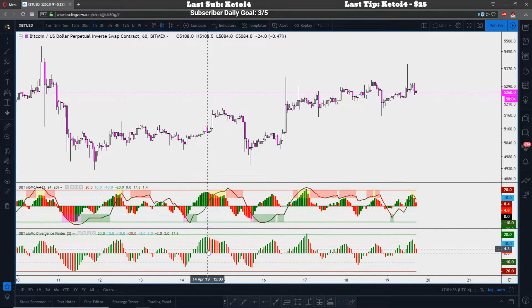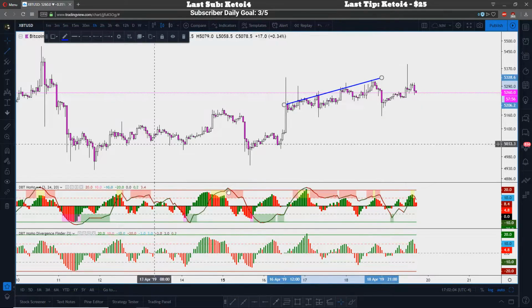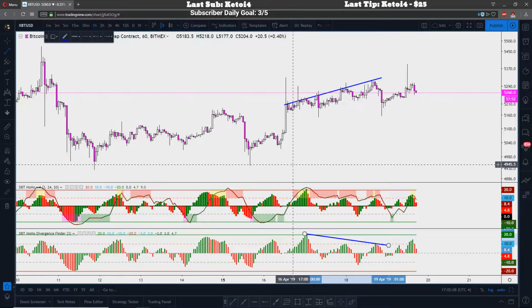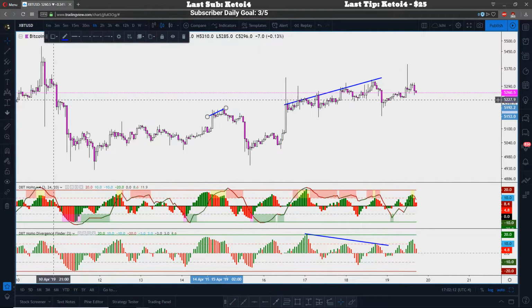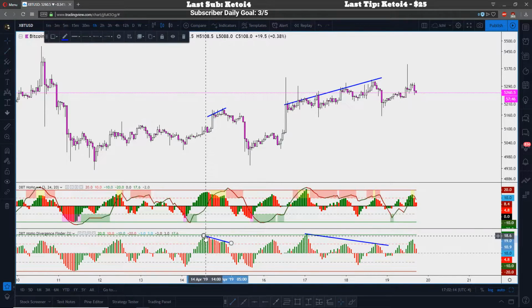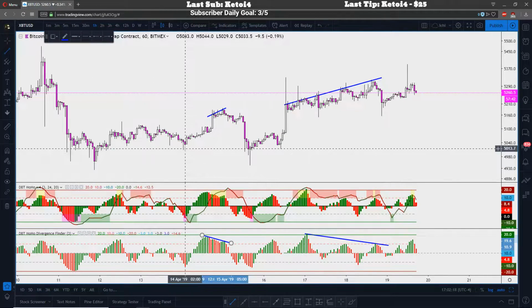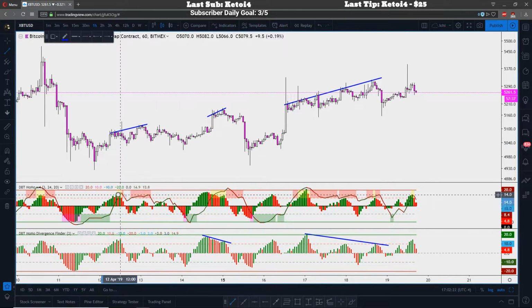So as you can see, the histogram is just the same as the histogram on the Momo. And it gives you very clear divergence patterns. So as you can see, you can find just about every single divergence on Bitcoin using the histogram on the Momo. I had all these marked out earlier. Let me see if I can remember all of them.